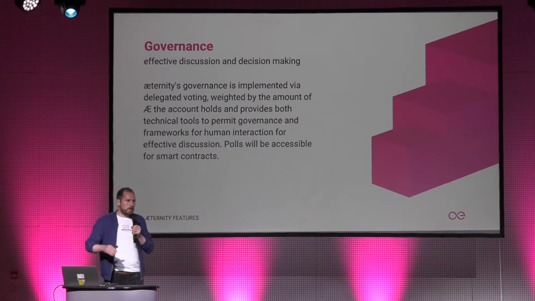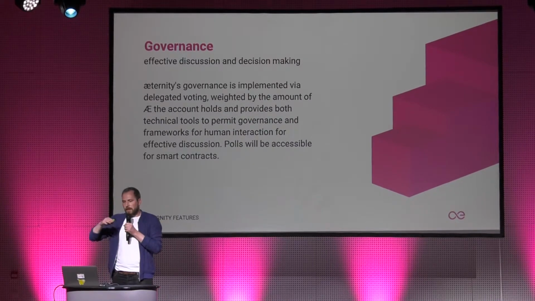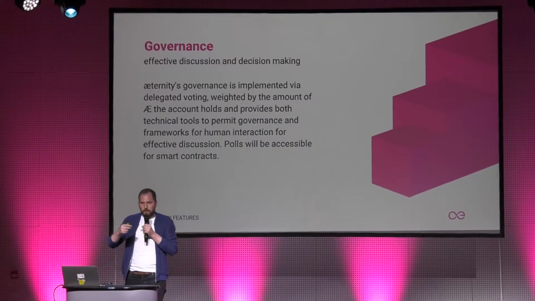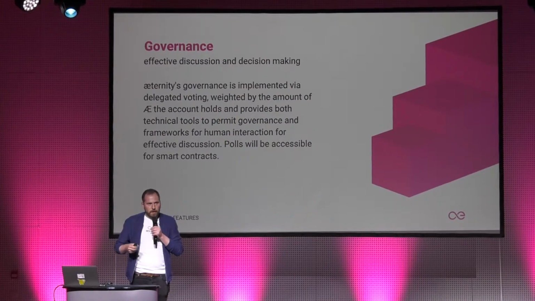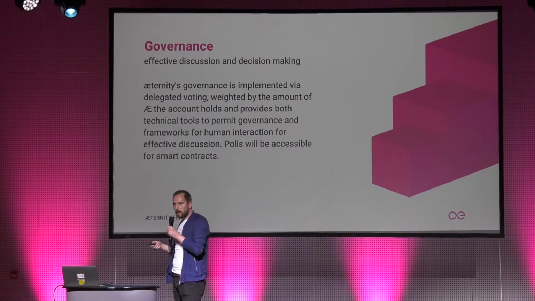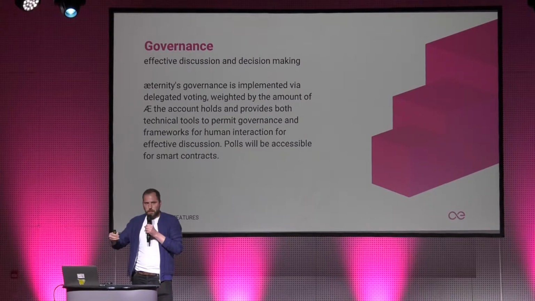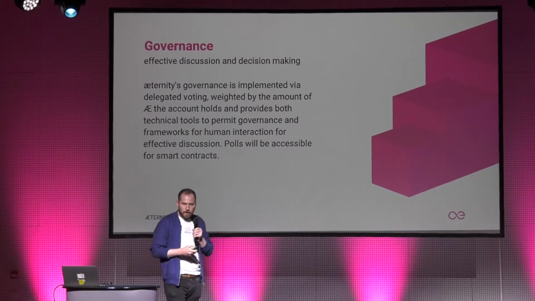So with Eternity as an app platform right now, we can solve current issues that we see that prevent blockchain applications and decentralized apps from mass adoption. But in the future, there will come new challenges, and to make sure that we can also react to them and adapt to them, we will implement a governance model within our blockchain protocol that is used for signaling and reaching consensus between the different participants in the system.